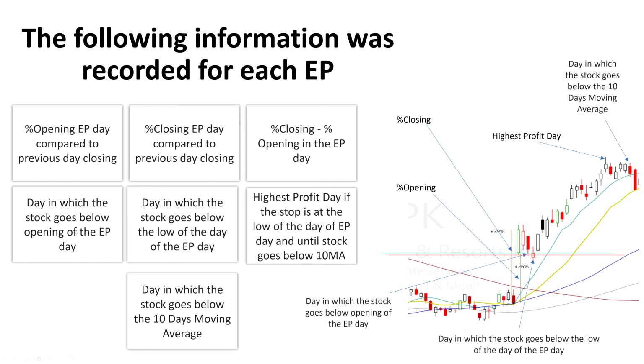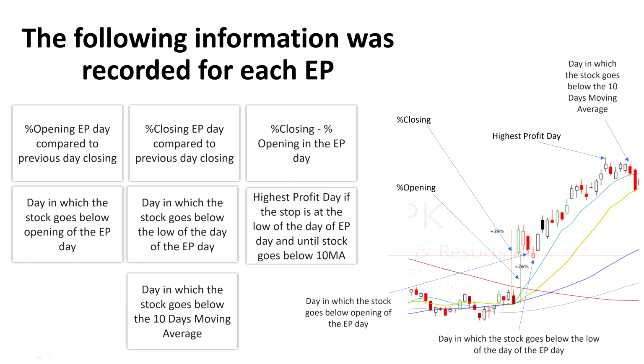Day in which the stock goes below opening of the EP day. So for me, I tried to see what's the behavior of the stock in this area, because most likely here will be my stop when trading the EP, and I tried to see how the stocks challenge the opening of the day and challenge the low of the EP day. So how the stocks behave compared to this green line.